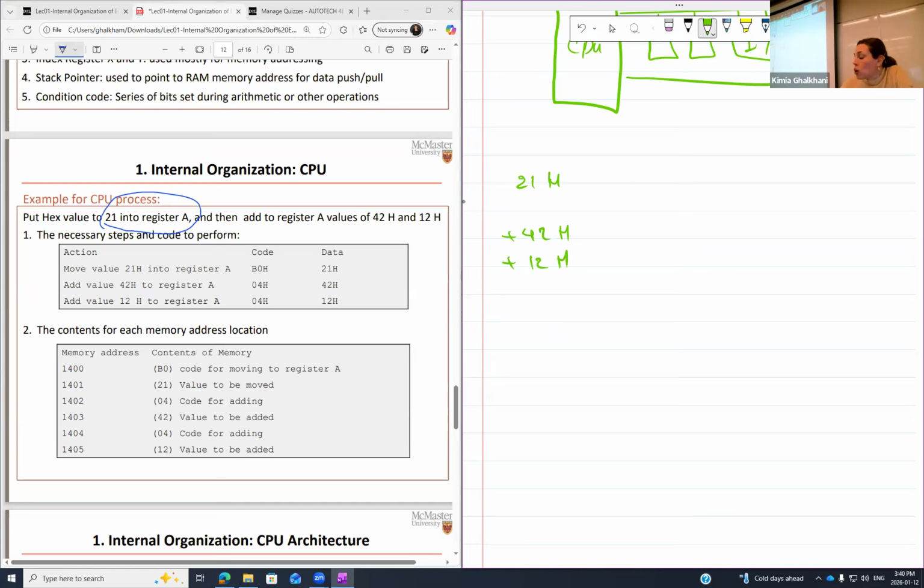So the code B0H that you can see right in here. So first I move 21, then B0H becomes my code, right? Then when you add another 42, H is H, and I'm adding 42.